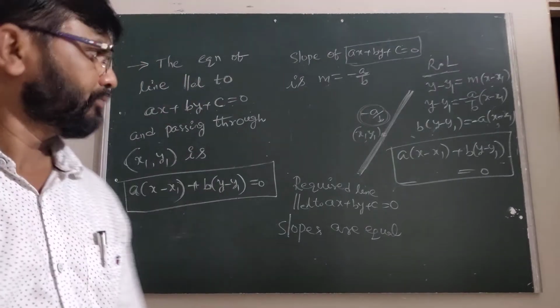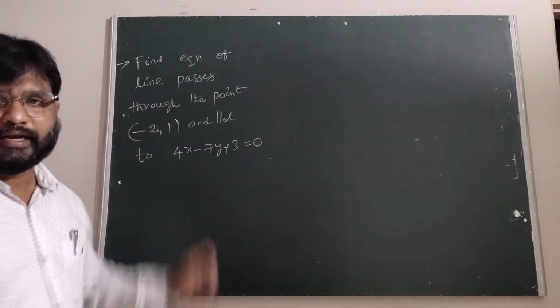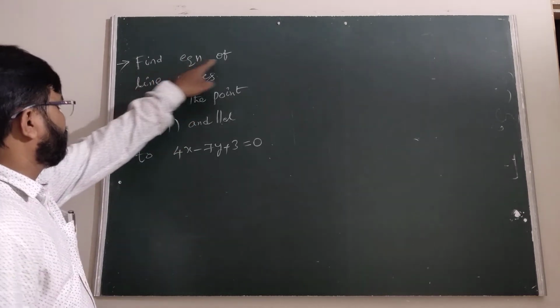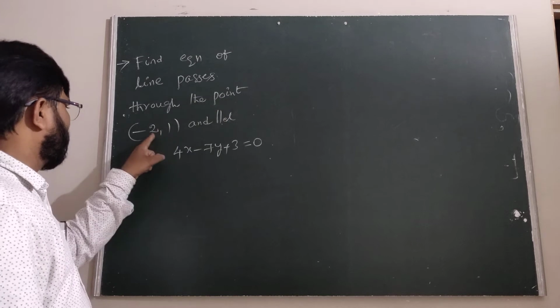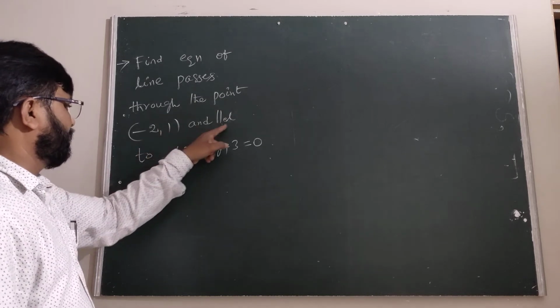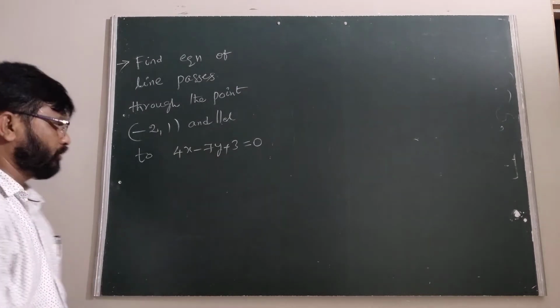Right. Now I will take one example. Find the equation of the line passing through the point (minus 2, 1) and parallel to 4x minus 7y plus 3 equal to 0.